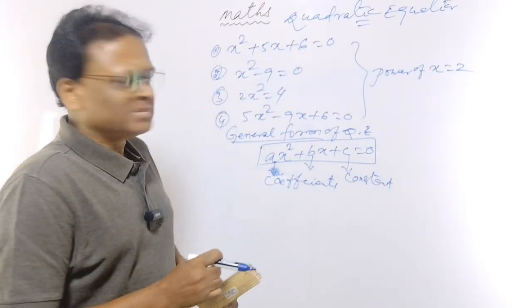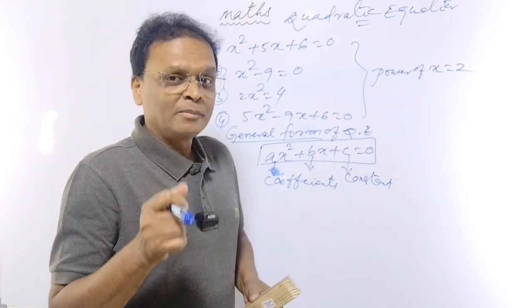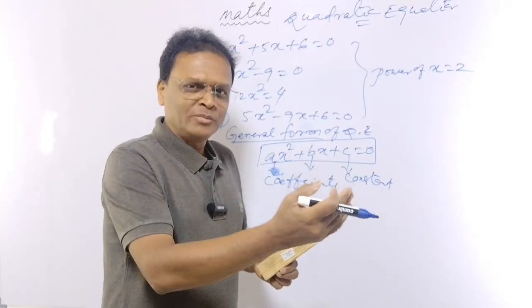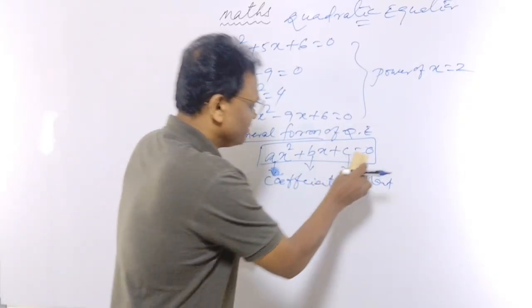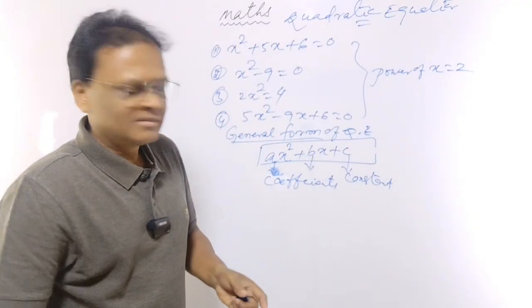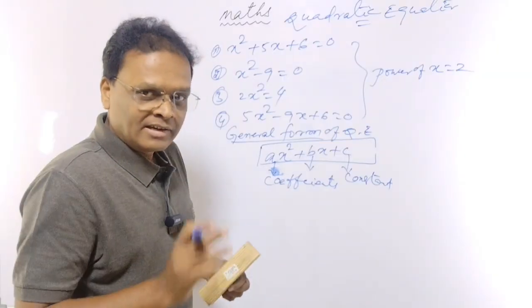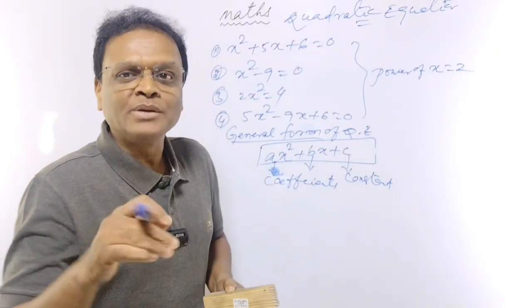I think this is a repeat of the quadratic polynomial. Then what is the difference between the quadratic polynomial and the quadratic equation? If I erase this part, this becomes your quadratic polynomial. This is not an equation, this is a polynomial.